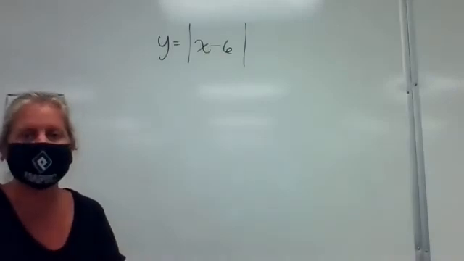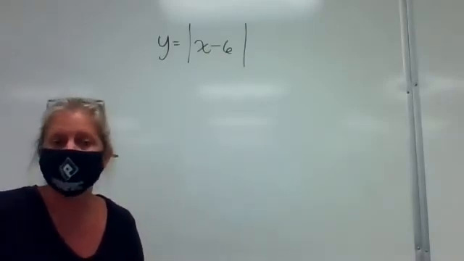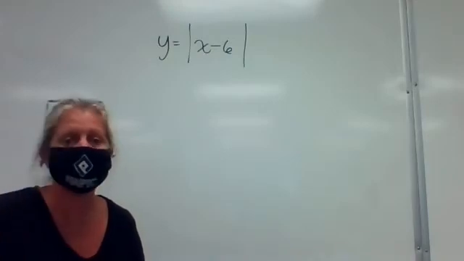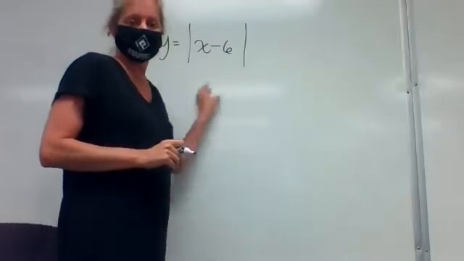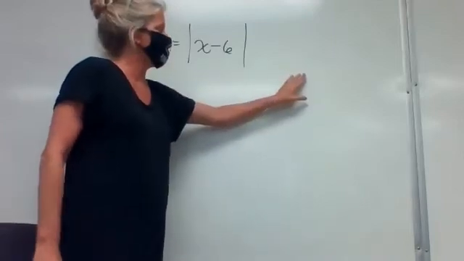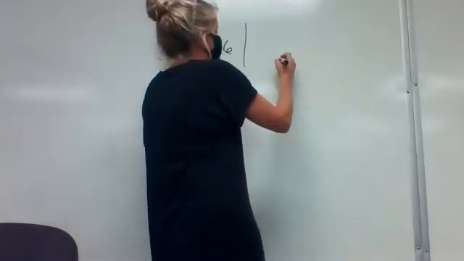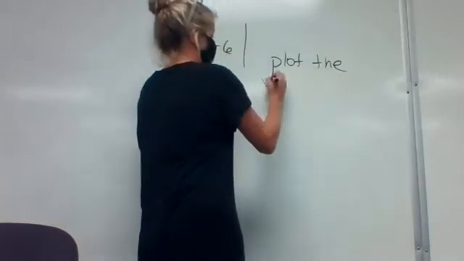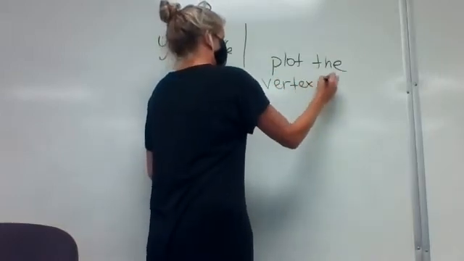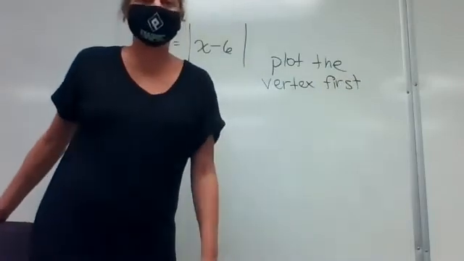Okay, here's the difference. Anytime you're graphing in MATLAB, for most shapes, it just says pick the shape and then start plotting points. That's what's going to be your instructions up here in the yellow rectangle when you're graphing, except for the V shape, the absolute value. It's going to make you plot the vertex first.